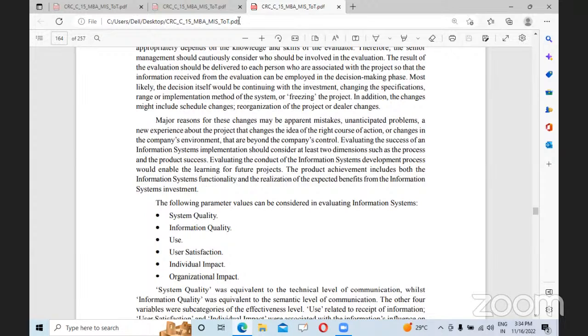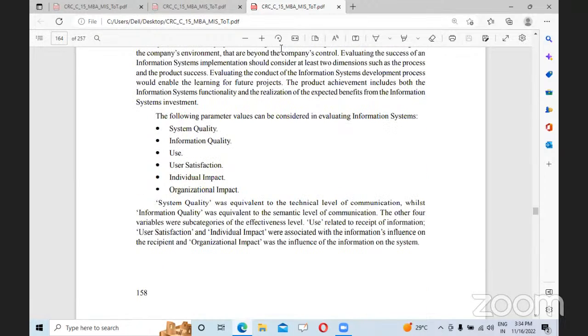The product achievement includes both the information system functionality and the realization of the expected benefit from the information systems investment. The following are the parameter values to consider for evaluating information systems: system quality, user information and quality, usage and user satisfaction, and individual impact and organizational impact.